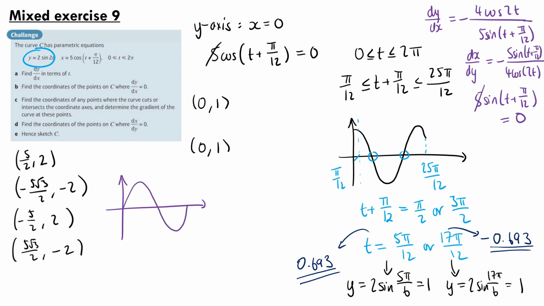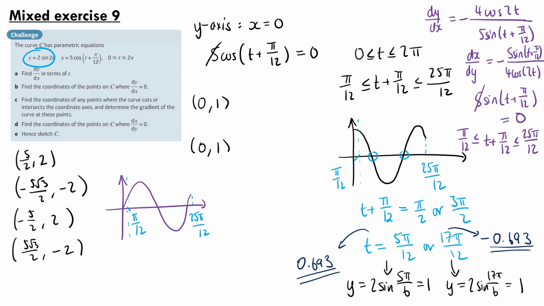And again, we're looking between t plus pi over 12 and 25 pi over 12, just as we were with cos of (t plus pi over 12). So we can extend the sine graph just a tiny bit further and say that point there is our 25 pi over 12, and here was our pi over 12.